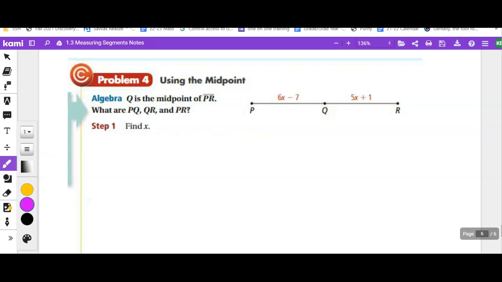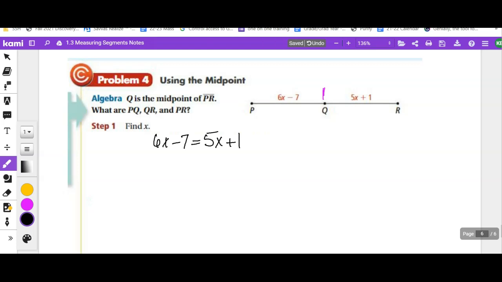So now let's use the midpoint. Q is the midpoint of segment PR. So what does that tell me about segment PQ and segment QR? That tells me that they're equal. So I can say that 6x minus 7 is equal to 5x plus 1 because I know these two segments are equal.